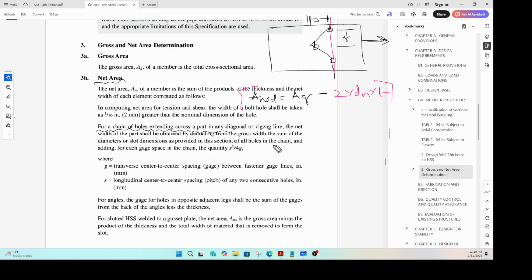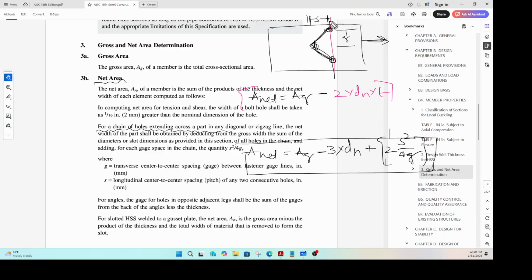For that failure plane, you calculate A net as A gross minus, you deduct one, two, three holes, so 3 times the diameter of the holes, but you come back and add a term S squared by 4G, one for this limb and one for that limb, so 2 S squared by 4G. That's how you calculate your A net for a zigzag path like that.